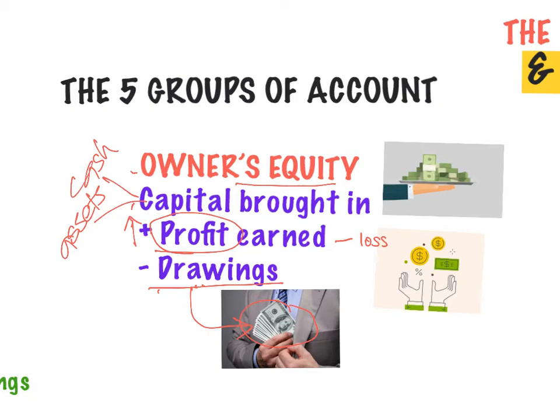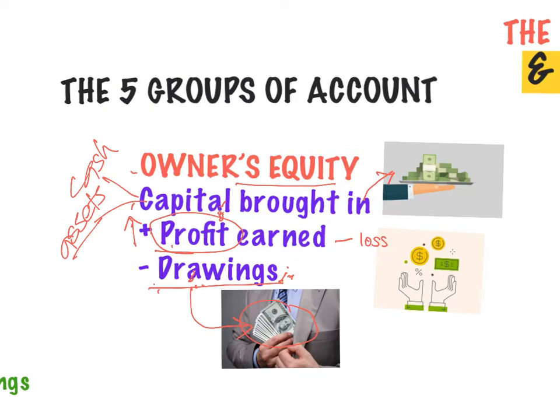Okay, so as you can see, whatever the owner brings into the business, it can be in the form of money, it can be in the form of asset, and also whatever the business earns as profit will be added to the capital. And then if there are any drawings made by the owner, that is using the business money or business inventory for his own purpose, then it will be regarded as a drawing and needs to be minus from the capital.